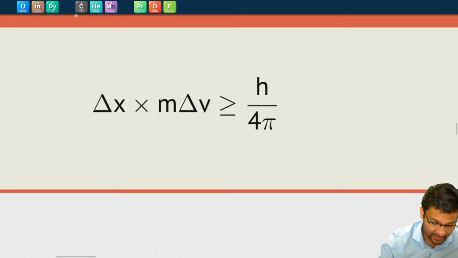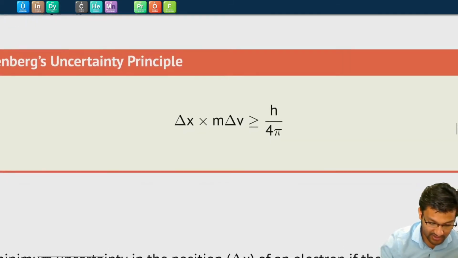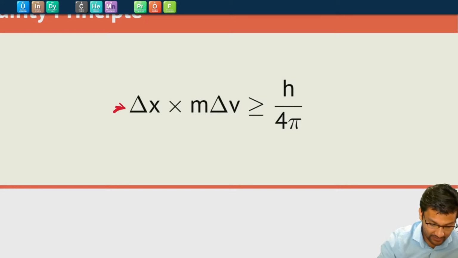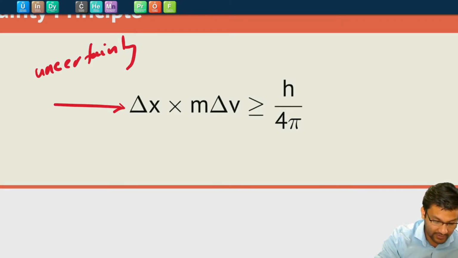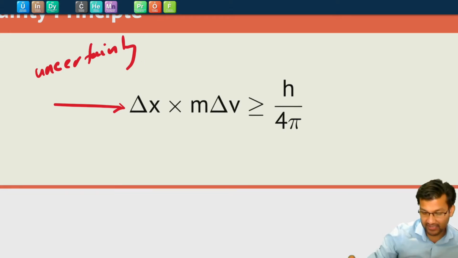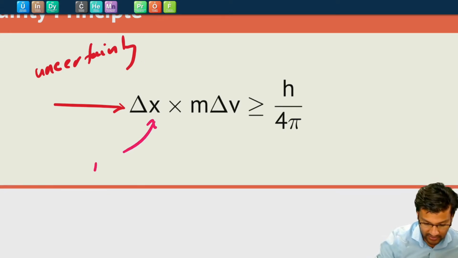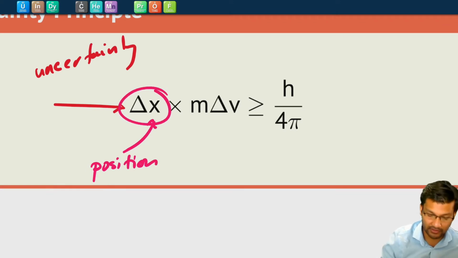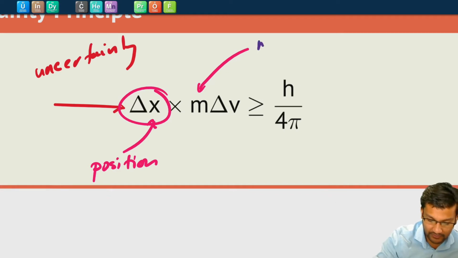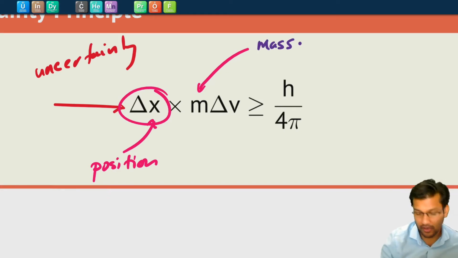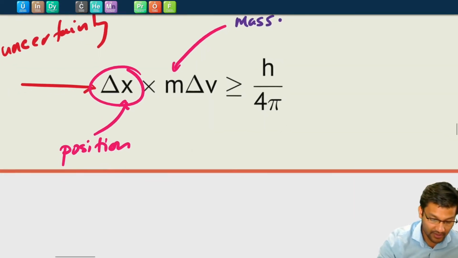And so in this equation for Heisenberg's uncertainty principle, the delta represents the uncertainty. So x, just like the x-axis, is a position. So delta x is just the uncertainty in the position. M is the mass. We're certain about that, right? Mass of the electron, or your mass, or whatever we're dealing with.